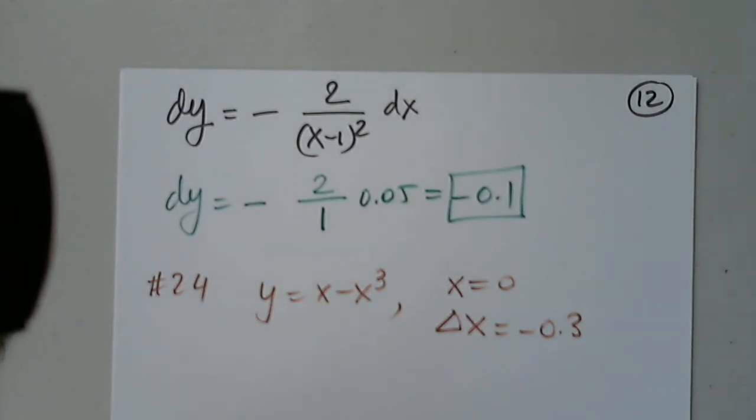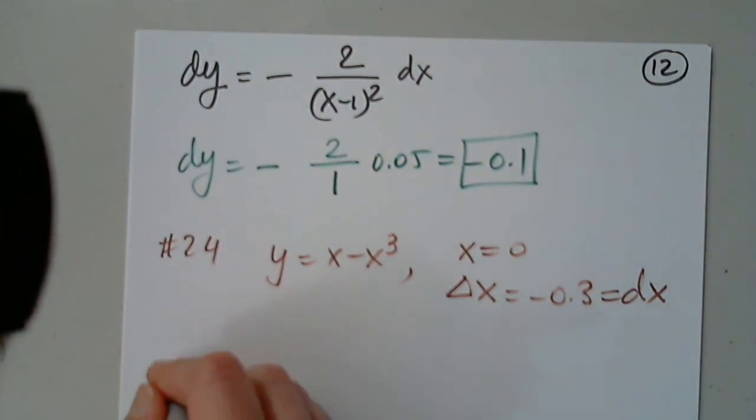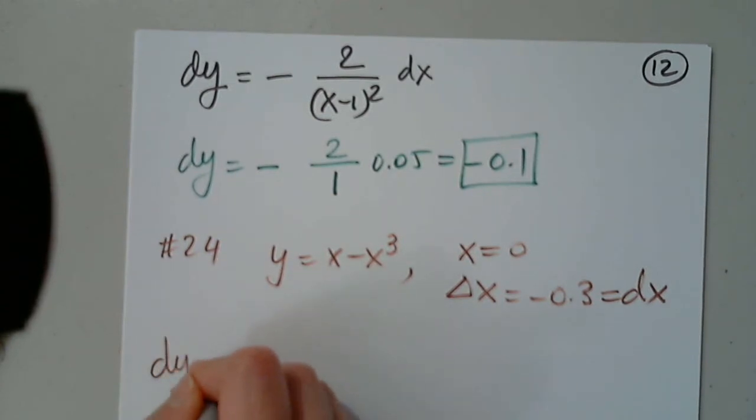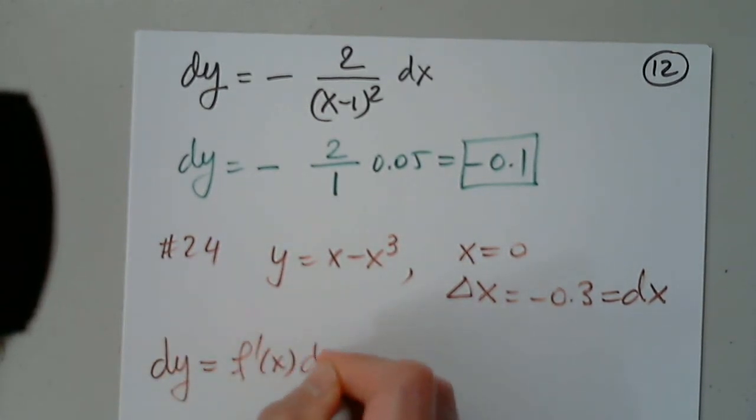We're given delta x, but delta x is the same as dx. So I can already write it here, same thing with dx. I'm going to start with the easy one, with dy, which is f prime of x dx.